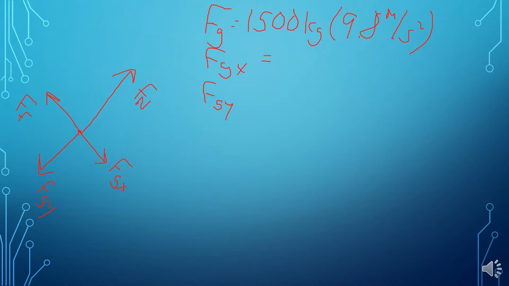So Fgx equals Fg sine 20 degrees, Fgy equals Fg cosine 20 degrees. And I also know, if I think about this, Jim is not accelerating off the ramp or into the ramp. So Fgy is going to also equal Fn. Really, what I mean is it's going to equal the magnitude of Fn.